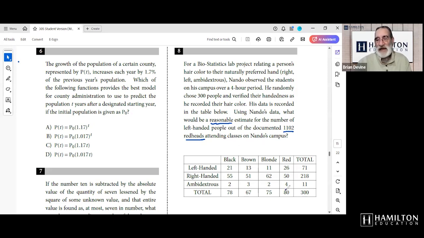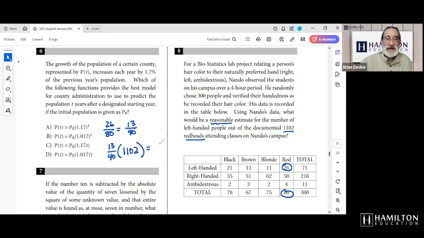Well, he only really talked to 80 of them, and he found that 26 of them, so 26 out of 80 redheads, were left-handed. That's the same as 13 out of 40. So reasonably, because he did look at a large number, we can take that number, 13 over 40, and multiply by 1102, and we're going to get 358 and a decimal, 0.15-ish.